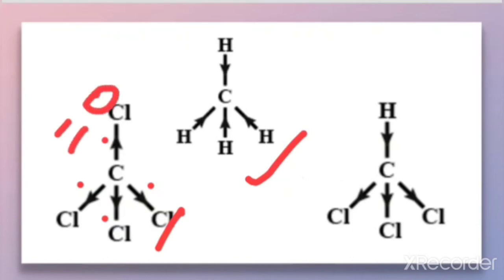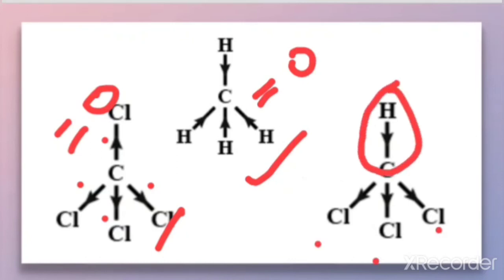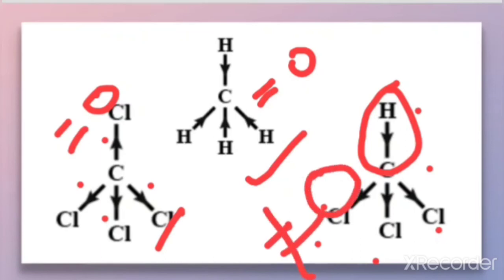But in this case, this one is different from the other three, because the other three are CCl bond dipoles, but this is a CH bond dipole. So one of them is different. In that case, the net dipole moment will not be equal to 0.